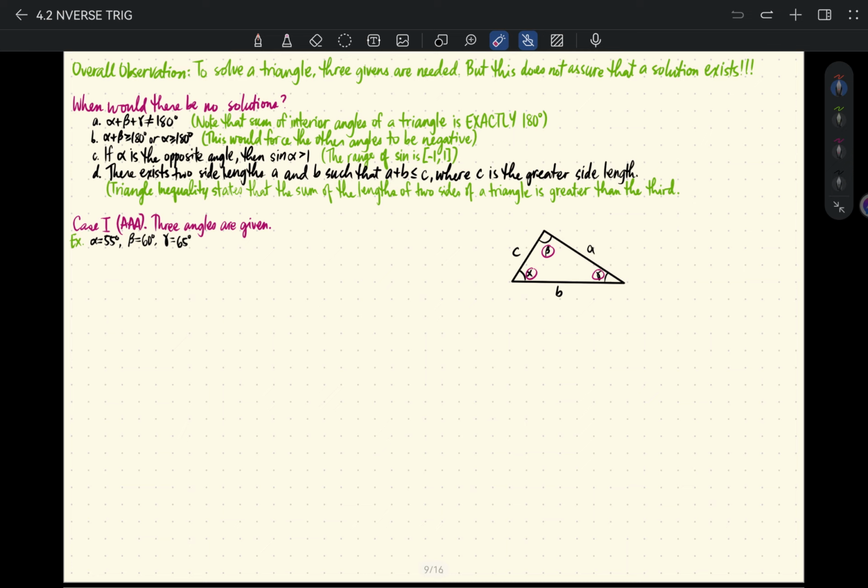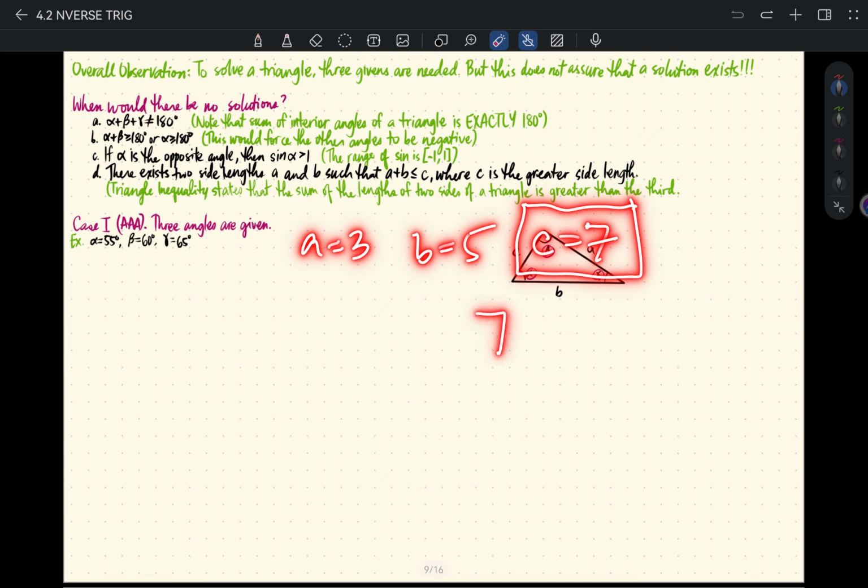Then lastly, there will also be no solution if there are two side lengths A and B such that the sum of A and B is less than or equal to C, where C is the greater side length. So for example, if you have A equals 3, B equals 5, and C equals 7, observe that C is the greater side length.